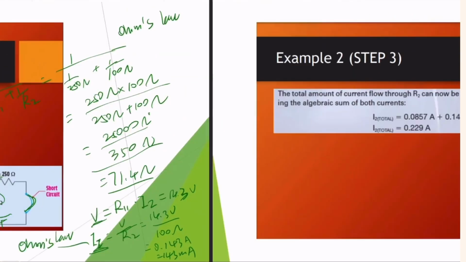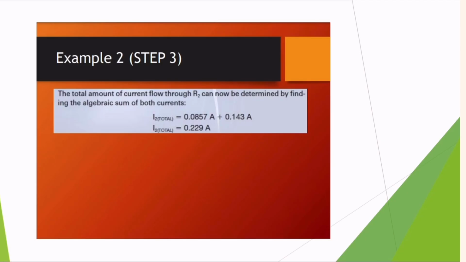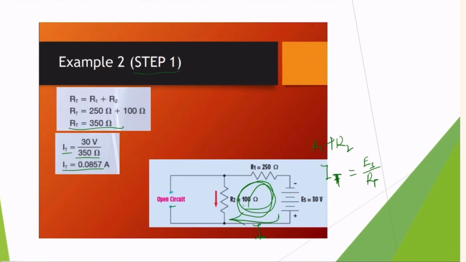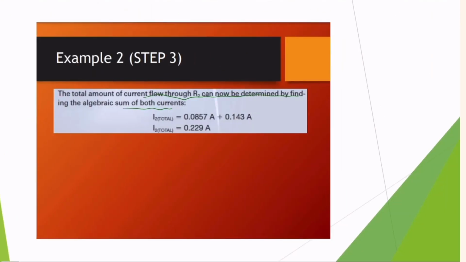After we get this current, we can just add them together. The total amount of current flowing through R2 can now be determined by finding the algebraic sum of both currents. For the current source, the current is going down. For the voltage source, the current is going up. So the algebraic sum will be, this one should be a minus sign. So it will be 0.143 minus 0.0857. The result is not right on the slide.